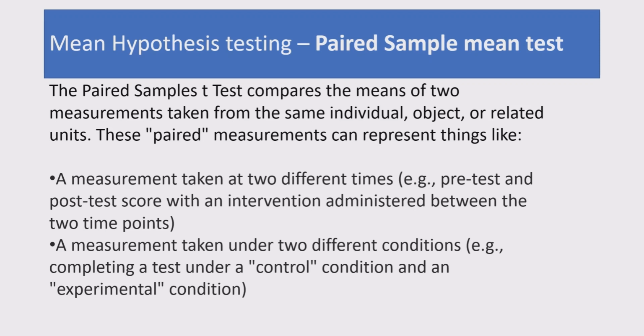Now, this paired sample t-test is when you are measuring the mean of a particular population at two different instances. Like this example here, in this case, you are dealing with one population, but you are comparing the mean at two different instances.